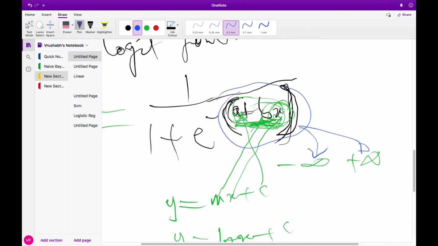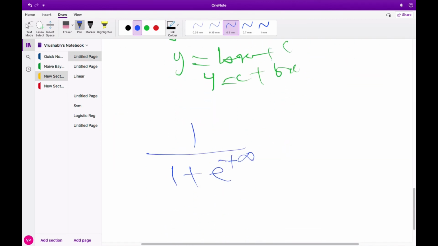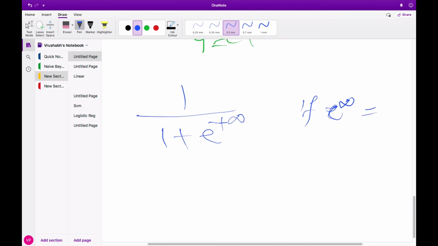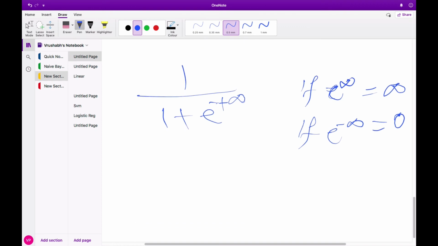Now, if we pick e exponent positive infinity, then what we are going to have is approximating to infinity. However, if we have e exponent negative infinity, then we are going to be approximating to 0. You can actually check this from your scientific calculator and see the solution for this.